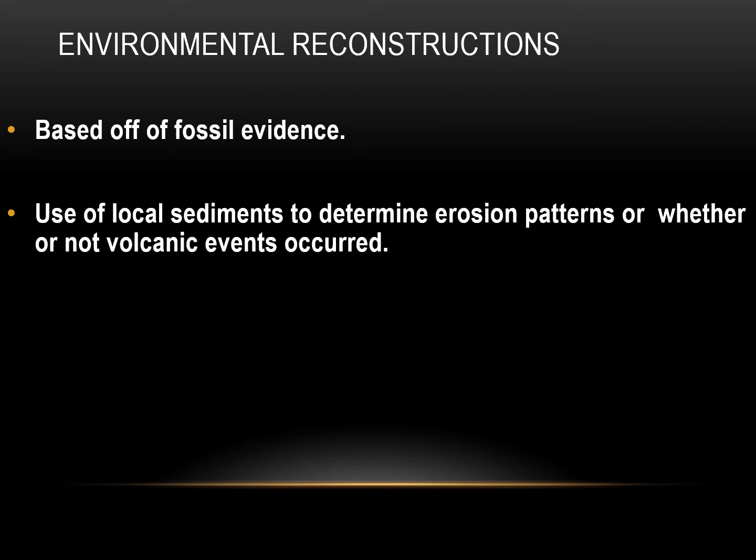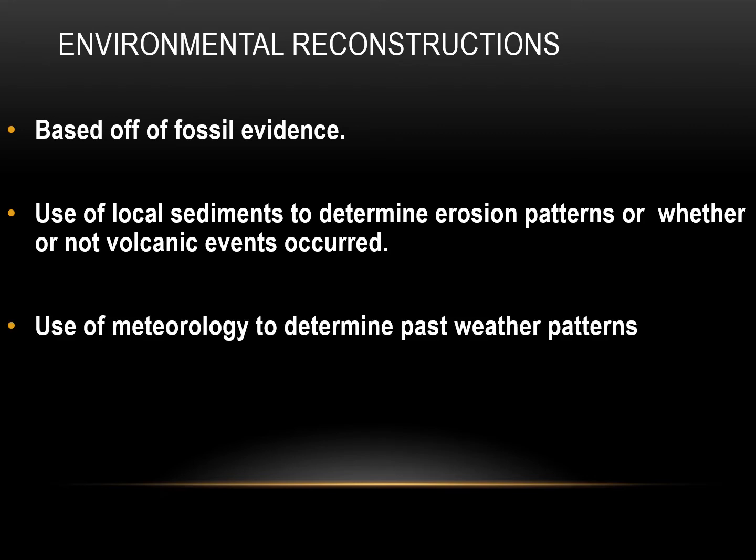So we use local sediments to determine erosion patterns or whether or not a volcanic event occurred in the ancient past. There's also the use of meteorology, running simulations to determine what past weather patterns can be. And environmental reconstruction may also include palynology, right? You analyze that fossil pollen in order to determine what type of plants were living.